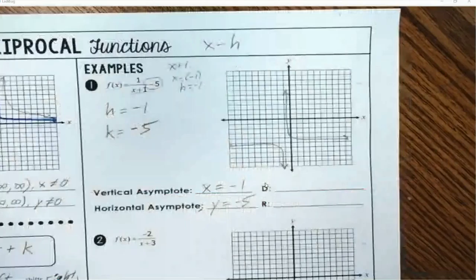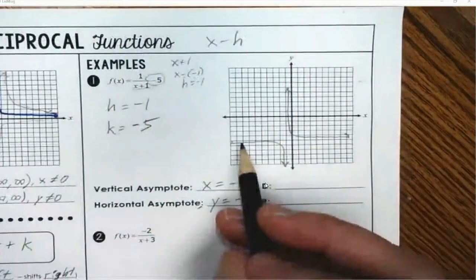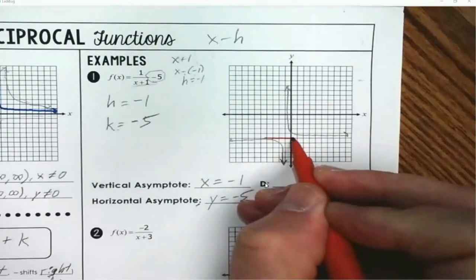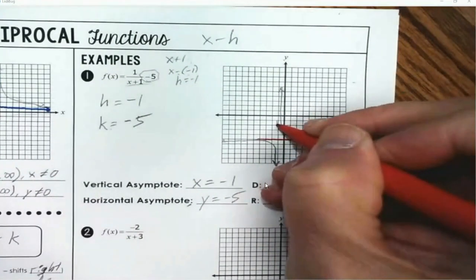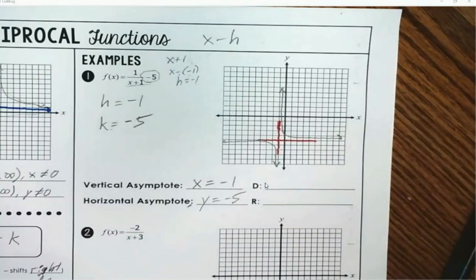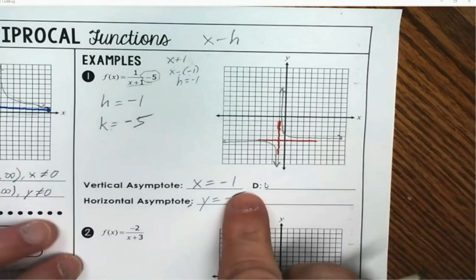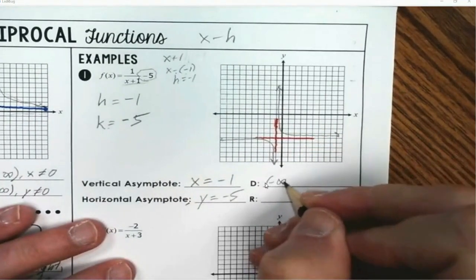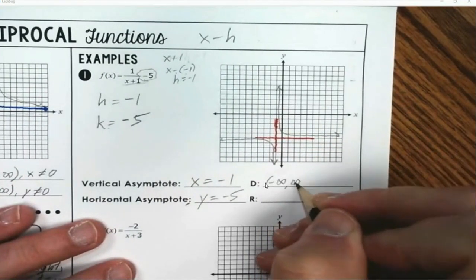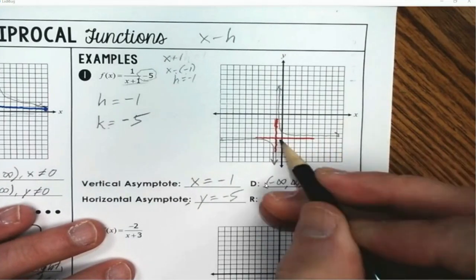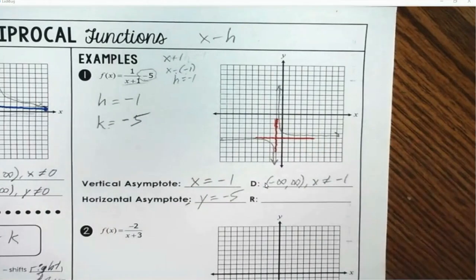So drawing that on there, we've got that asymptote at -5 that never touches, and another one at -1. So that's our two asymptotes. What is the domain? All the x's that are possible. It goes from -infinity to infinity, except x cannot be -1.